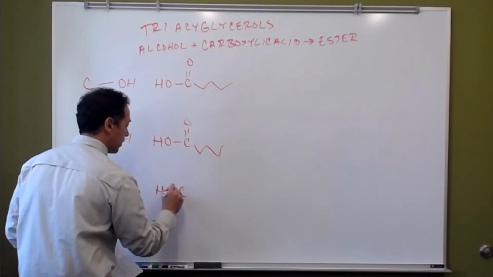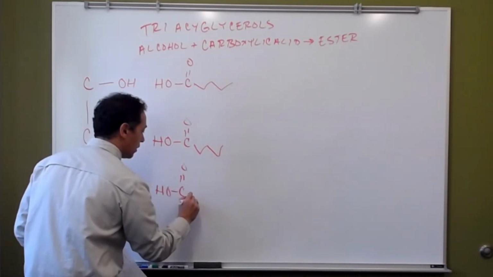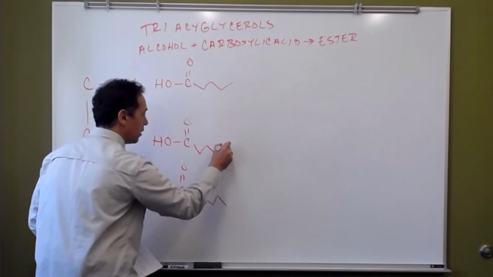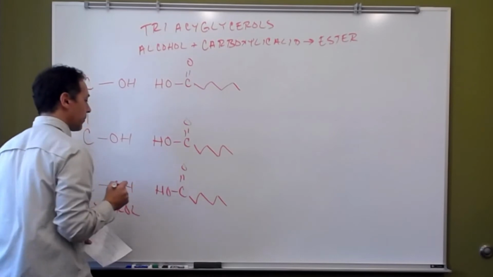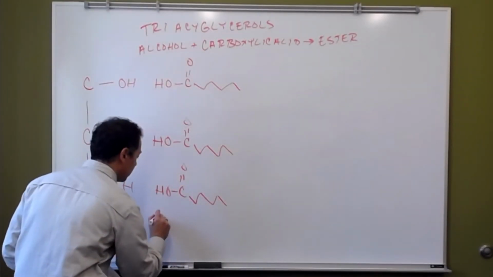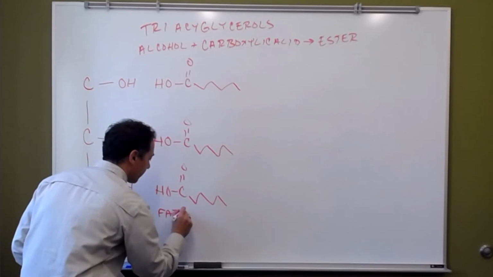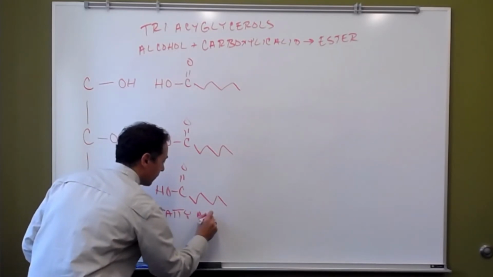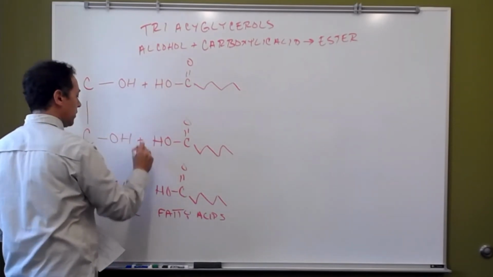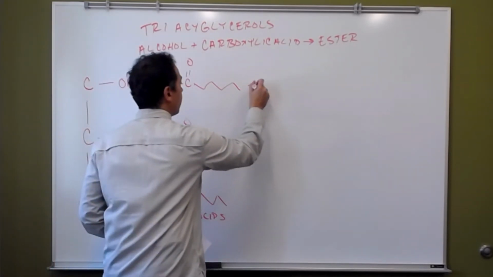Carbon, double bond O. 1, 2, 3, 4, 5. Oop. Make sure we've got even numbers there. Okay, so here's my carboxylic acids, or my fatty acids. And we're going to combine these together.